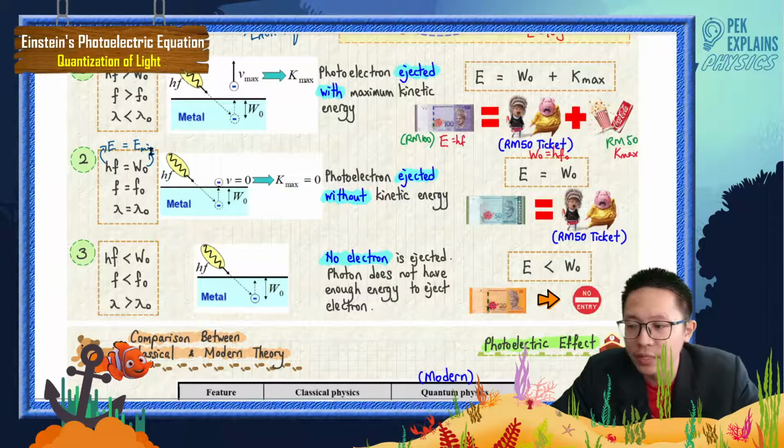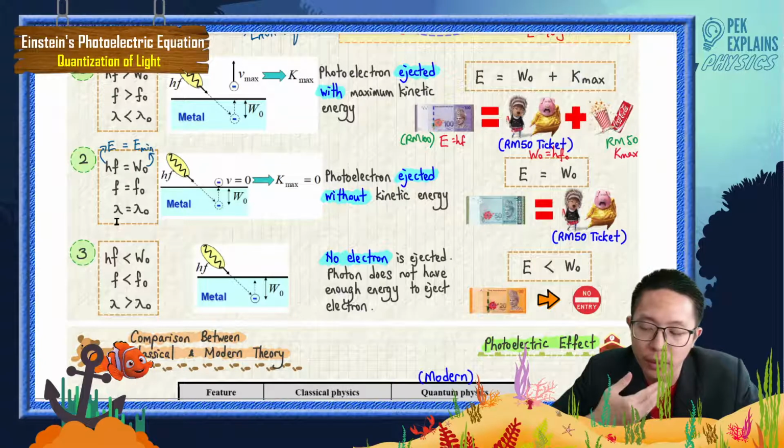If it is just equal to the minimum energy, do you have any kinetic energy left? Or we can say the incident photon frequency equals the minimum threshold frequency, or the incident wavelength equals the maximum threshold wavelength.